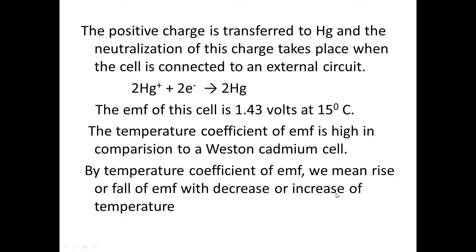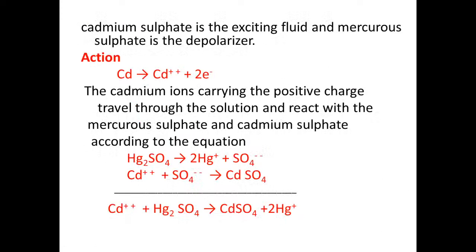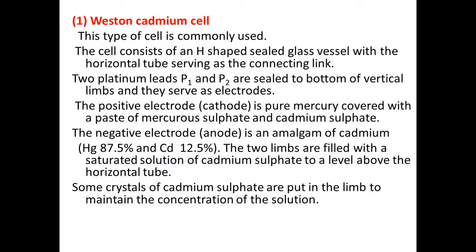The temperature coefficient of EMF is high in comparison to a Western cadmium cell. By temperature coefficient of EMF we mean the rise or fall of EMF with decrease or increase of temperature. So these were the standard cells which we conventionally use to compare the EMF of cells.